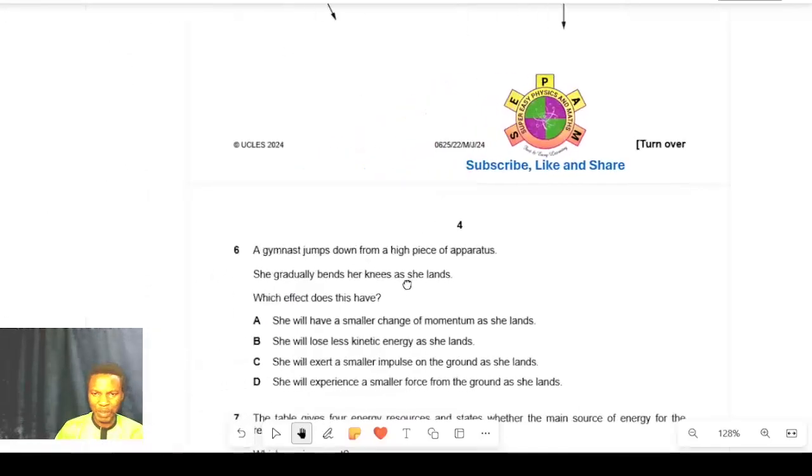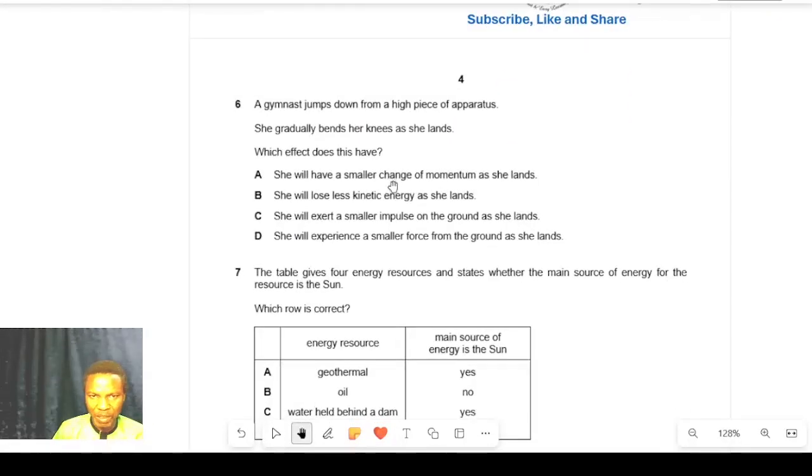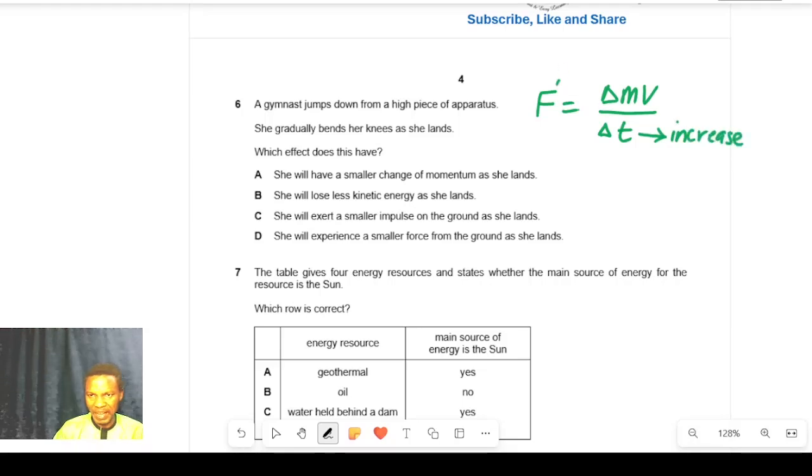Alright, so let's go to question number 6. A gymnast jumped down from a high piece of apparatus. She gradually bends her knees as she lands. What effect does this have? This is about force. The force is equal to delta mv all over delta t. So if t increases, then F reduces.